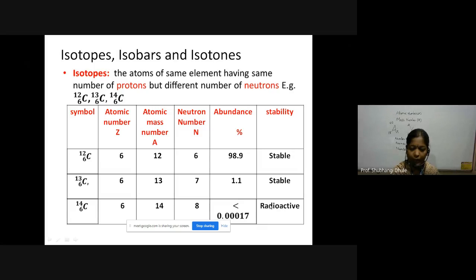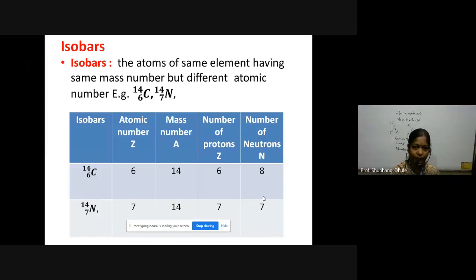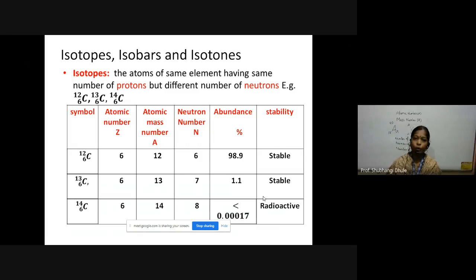Less than 1%, I think in the range of 10 raised to minus 10, is the percentage of carbon 14 atoms. So in a compound, carbon exists in all these three isotopic forms, three different atoms of the same element. The percentage of carbon 12 here is 98.9%.